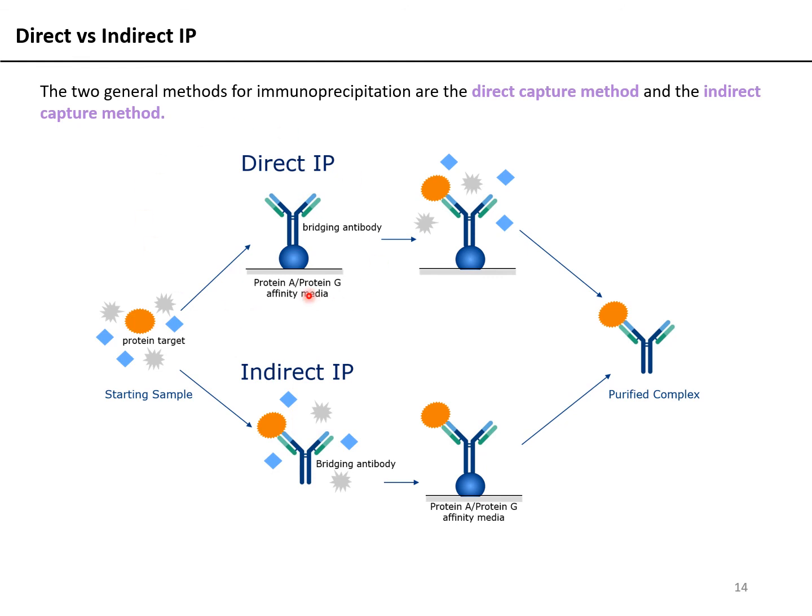Whereas in direct IP, you add antibody already conjugated to the beads, and the rest of the steps are the same. You have your antibody conjugated to the bead, you allow it to bind to the protein of interest, and you elute it to have the purified complex. Or you can simply add the antibody first and let it interact with the antigen of interest, and then you add these specific beads which will bind to the antibody, and you purify the complex.